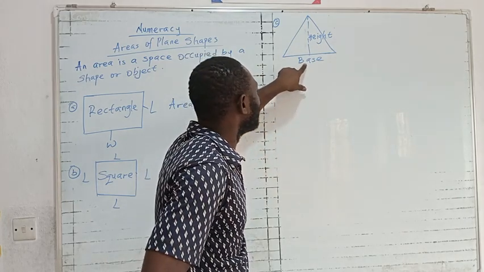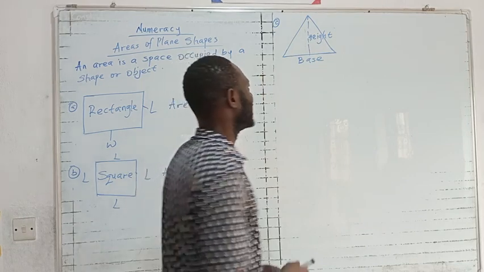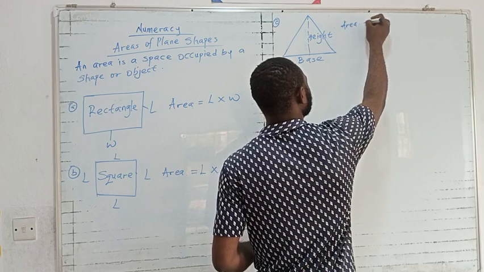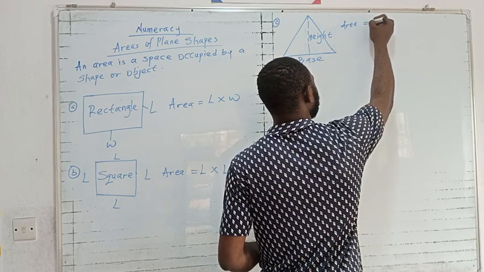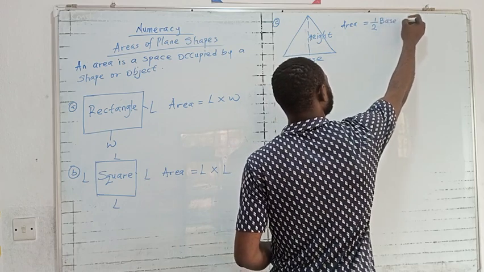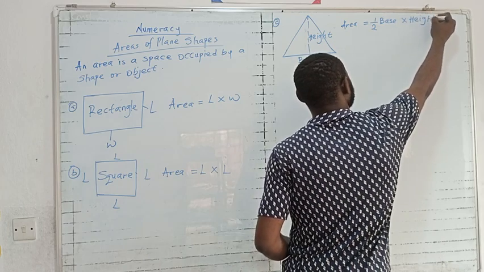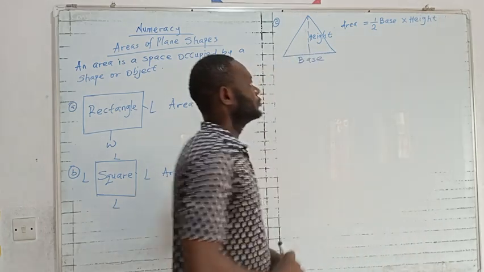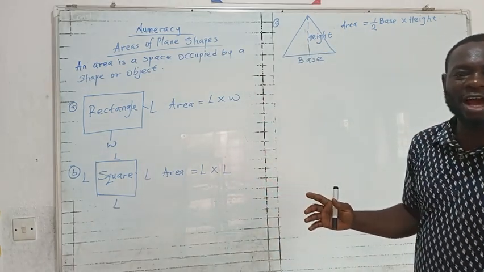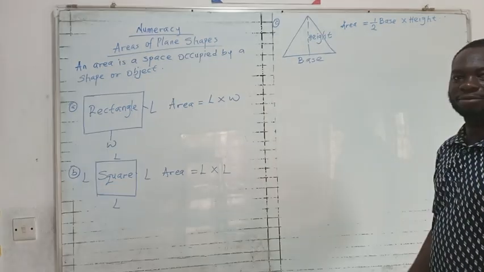So we get half of this base, we multiply by the height to give us the area of the triangle. So here, area will now be equal to half base times height. So these are the formulas used in finding the area of rectangle, square, or triangle.